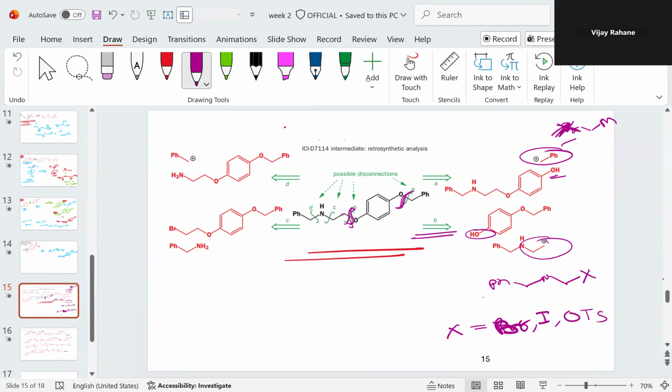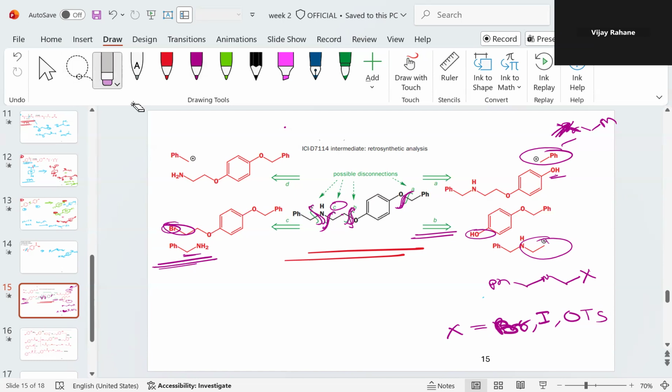Then if you do the disconnection on this point, let's say C, what species can we get? This can be PhCH2NH2, and the remaining part can come from this bromo version, or maybe iodo or any good leaving group in place of this bromo. Further, the next disconnection possible is on this D point.